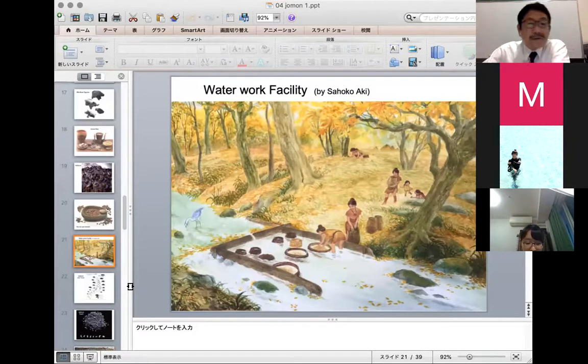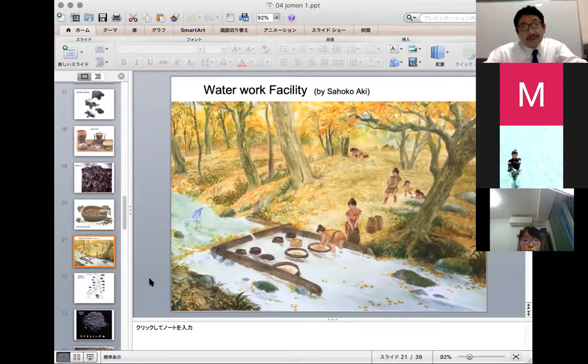But you see, these are all totally dependent upon nature, as I mentioned already. And the decline of the temperature would result in the decline of food resources too. And that did happen in the latter half of Jomon period. So that naturally led to the necessity of introduction of agriculture in later time.